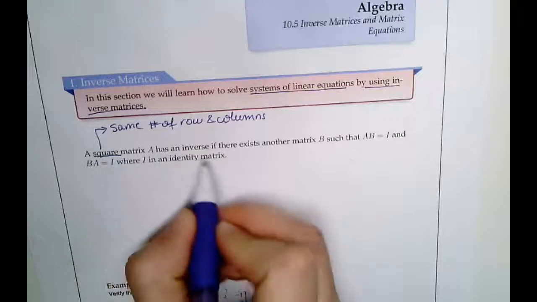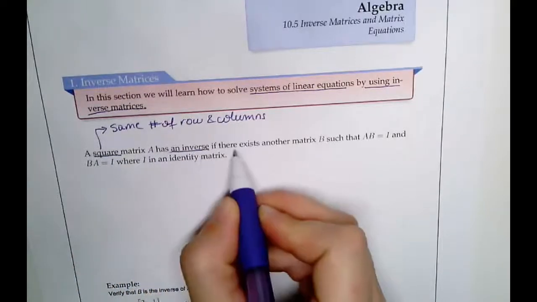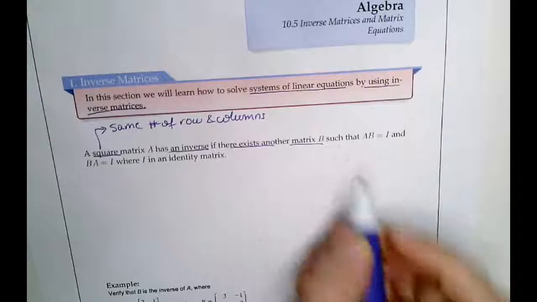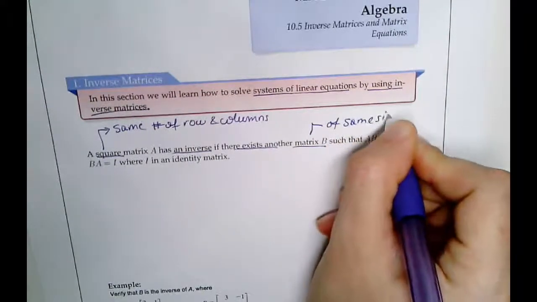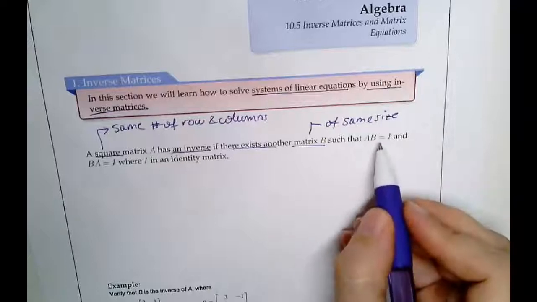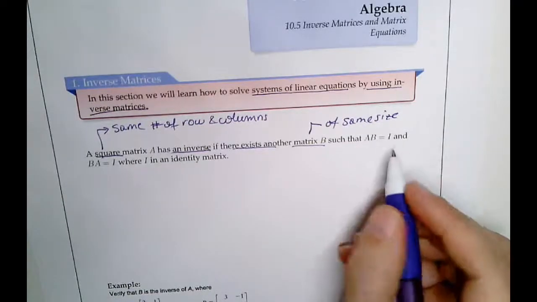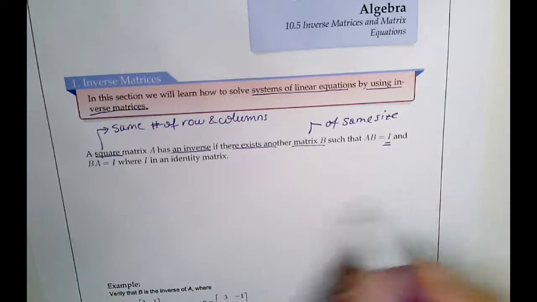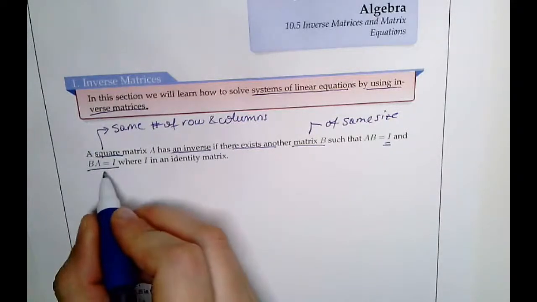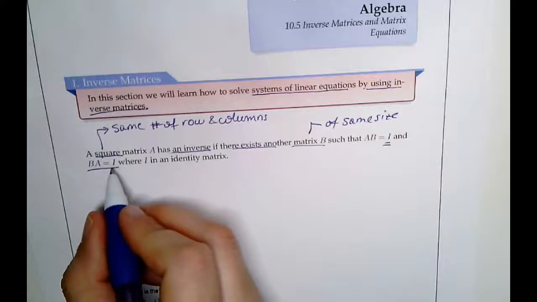So a square matrix A has an inverse if there exists another matrix B of the same size, such that when I multiply A times B, I get another matrix which is called the identity matrix. And if I multiply B times A, I get the identity matrix again.